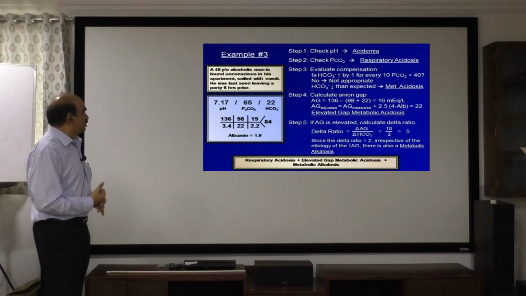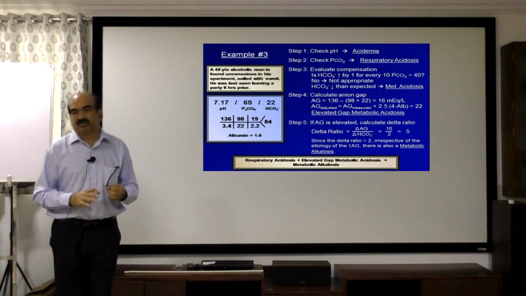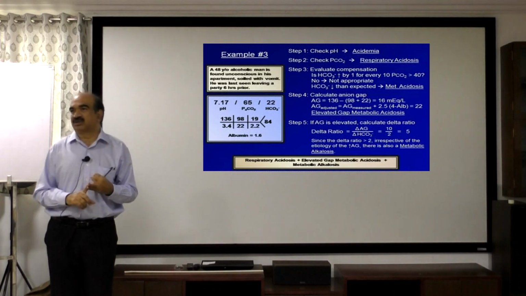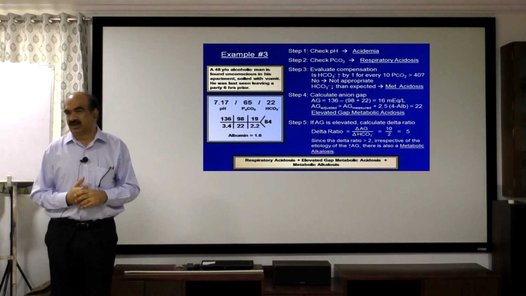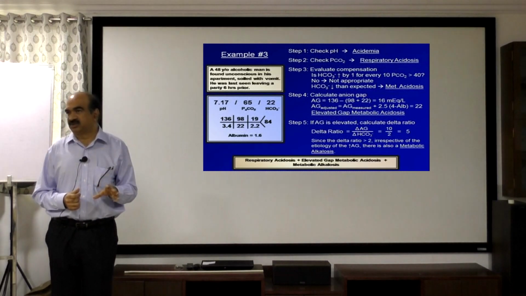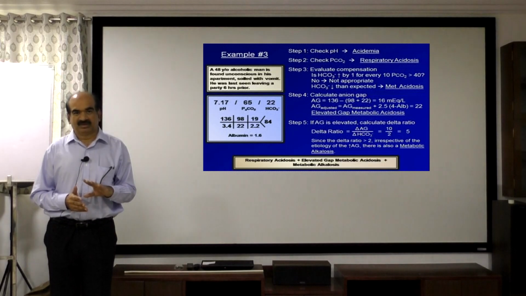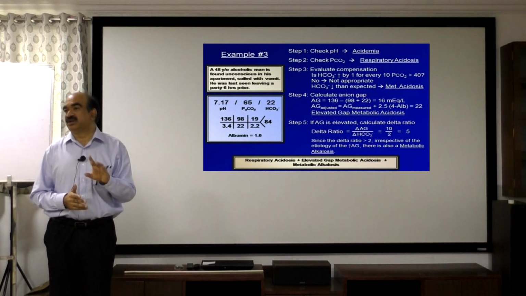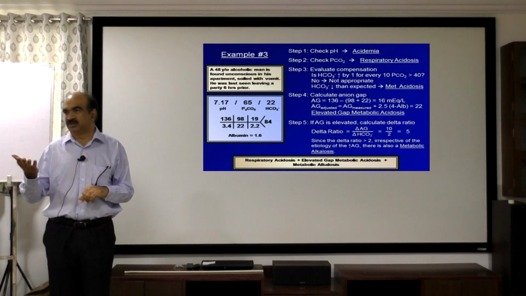So in respiratory acidosis, how much compensation do we expect? For metabolic acidosis and metabolic alkalosis, the respiratory compensation is bicarb plus 15. For acute respiratory acidosis, 1 for 10. You remember 1 for 10. For a 10 increase in carbon dioxide, PCO2, there will be a 1 increase in bicarb.